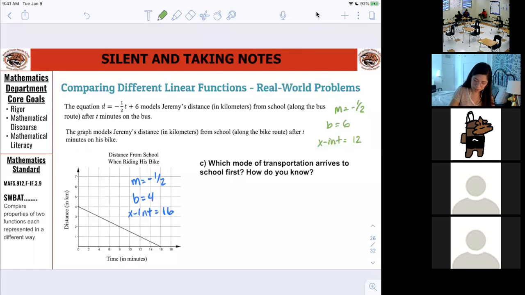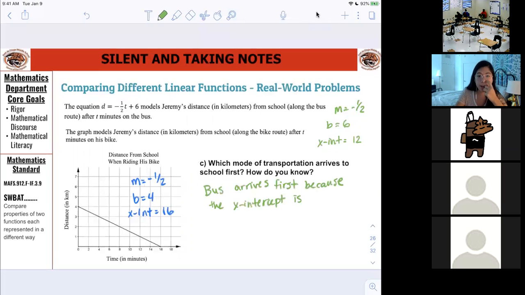What was that? 12, right? Yeah, because the x is 12. So the x-intercept is 12, which, what does that represent? Time. Minutes. Good.